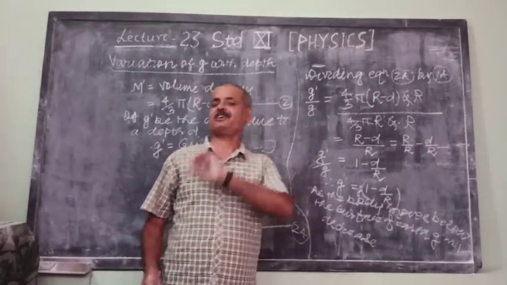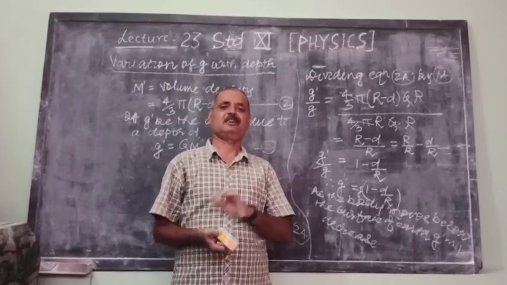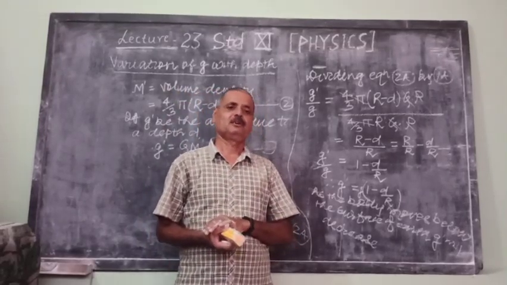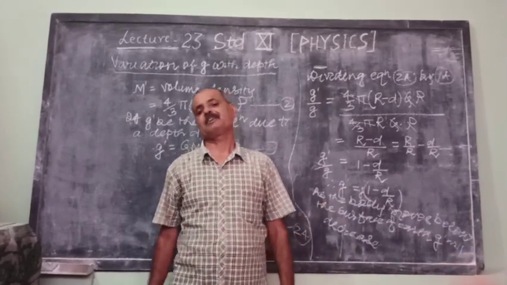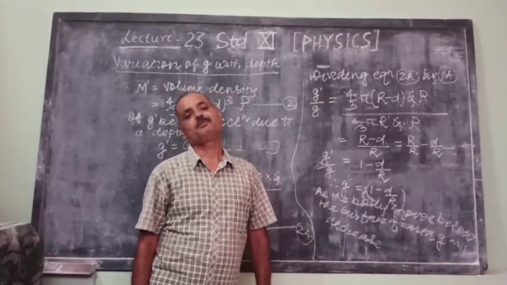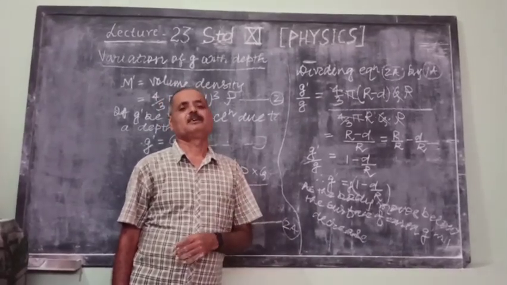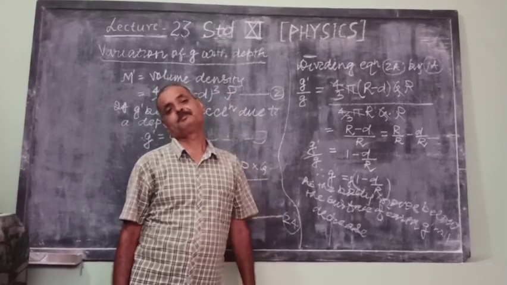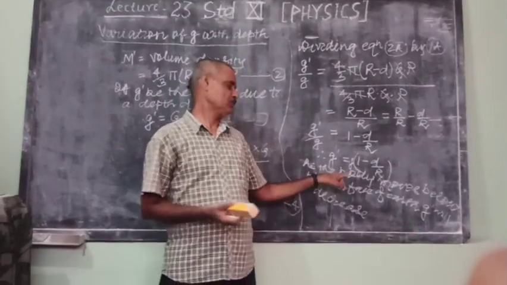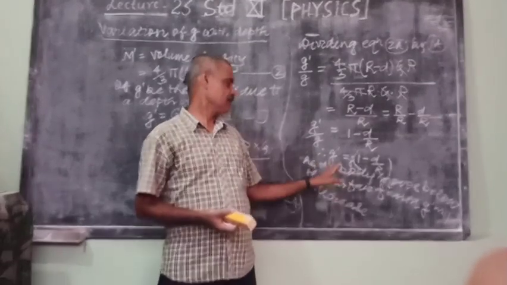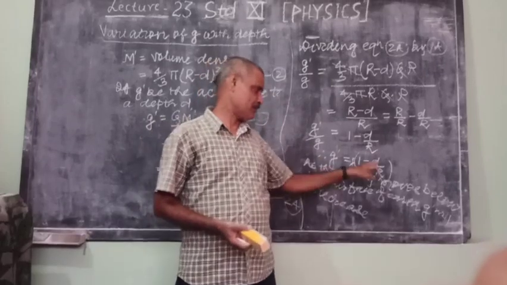But there is a condition. At which place, generally a question comes, at which place the value of acceleration due to gravity will be 0, or you can also say at which point the weight of a body be 0. To prove that part, this is the final conclusion. Apply your brain.